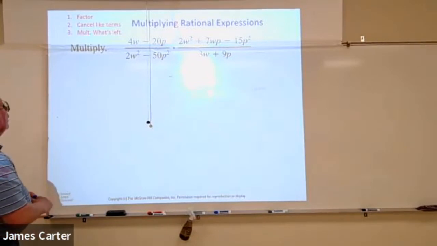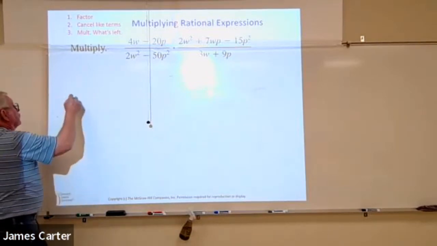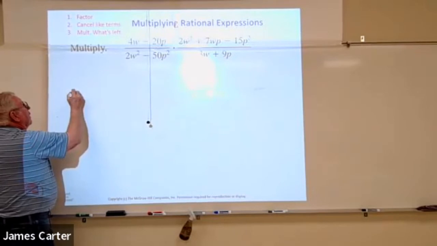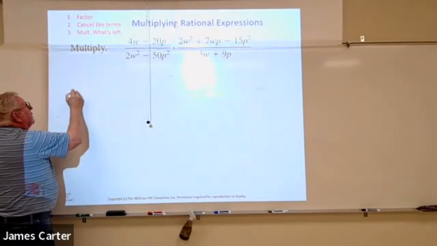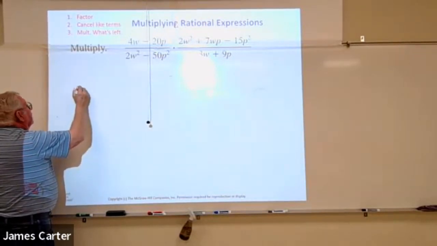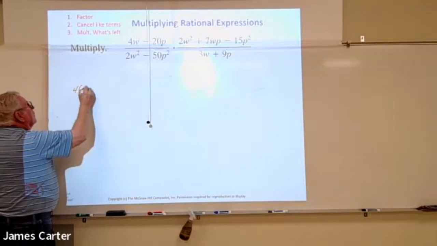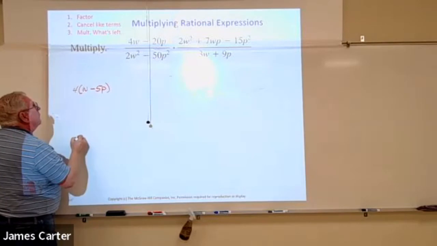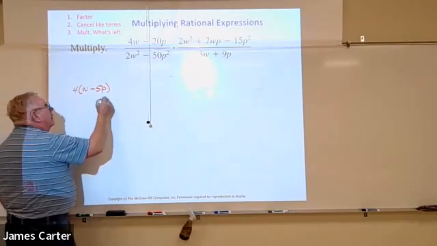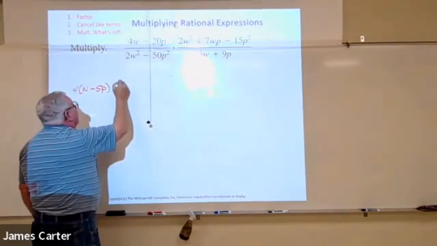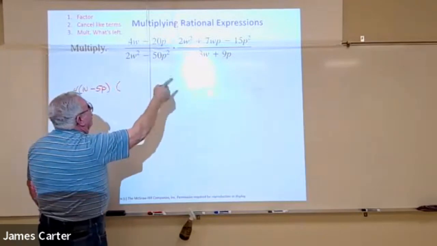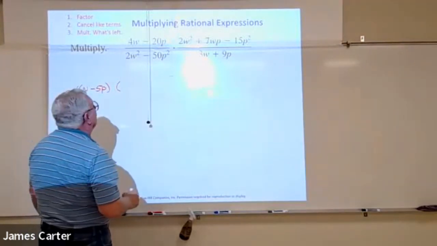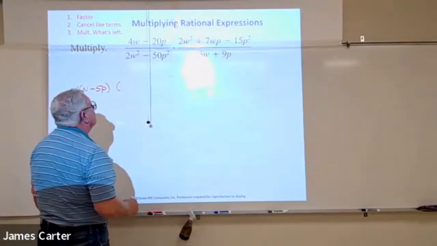Okay. Well, if I look at that first one, I can take a 4 out of that, leaving W minus 5P. Over here, that thing, I don't know what it factors into.